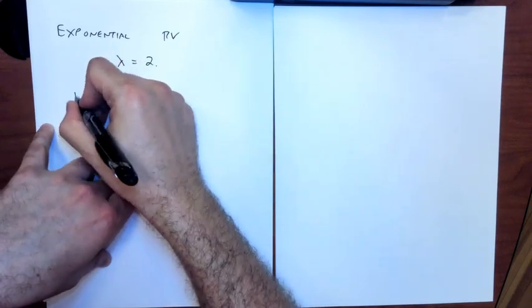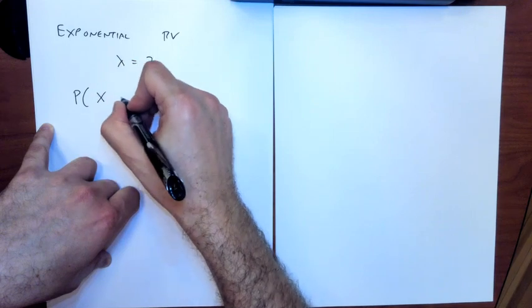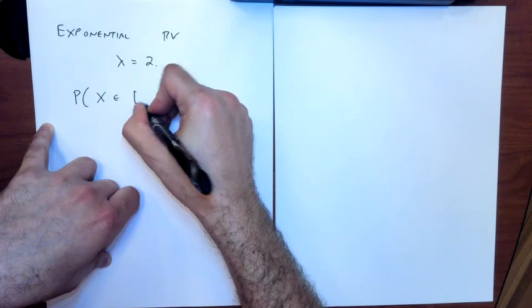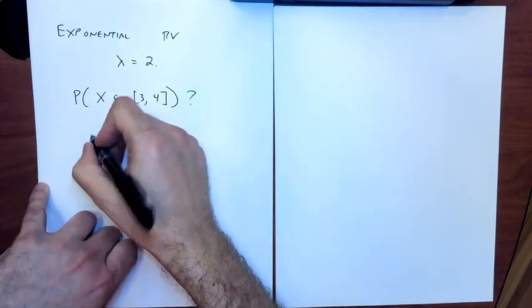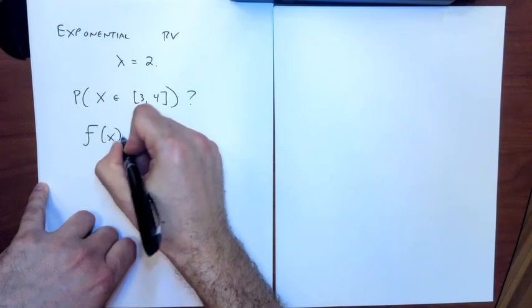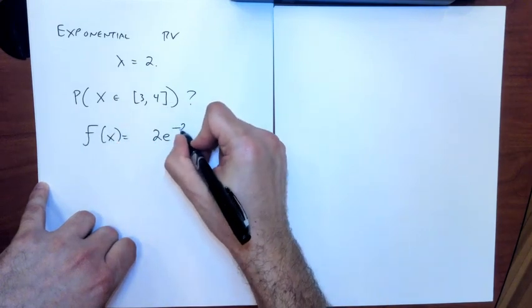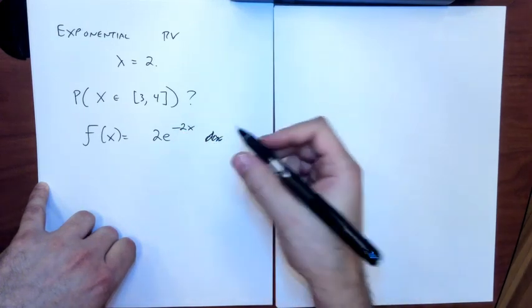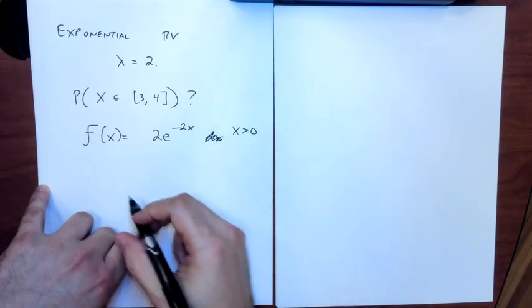And I want to know what's the probability that x is between 3 and 4. Okay? So my PDF is going to be 2e to the minus 2x for x greater than 0 and 0 otherwise.